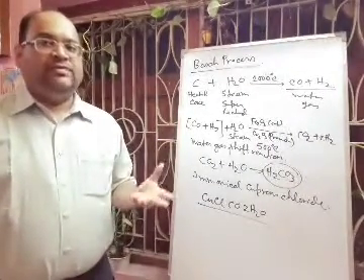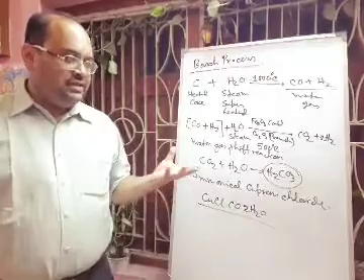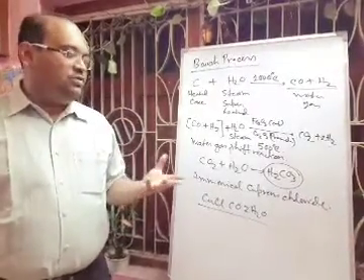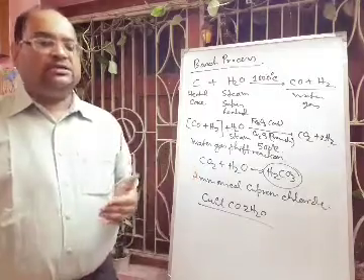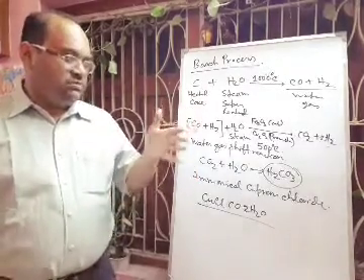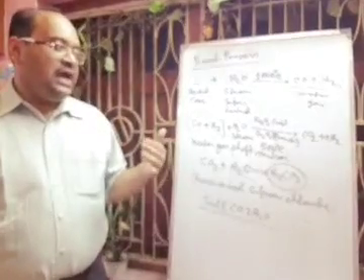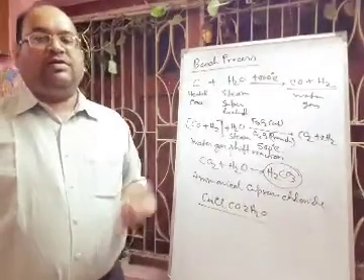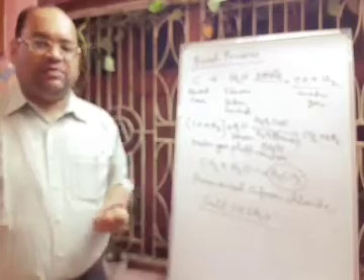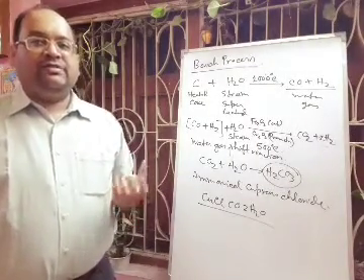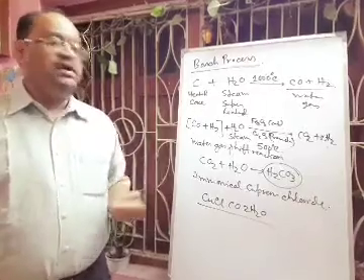If there is any moisture left, we finally pass the hydrogen gas through a column where we have taken anhydrous calcium chloride or fused calcium chloride. Fused calcium chloride will absorb the moisture, and finally you will get dry and pure hydrogen gas.